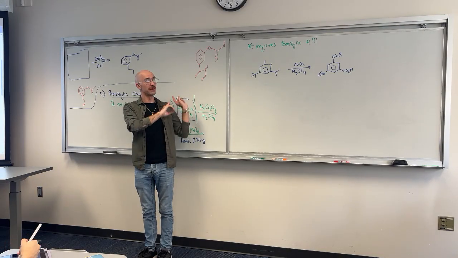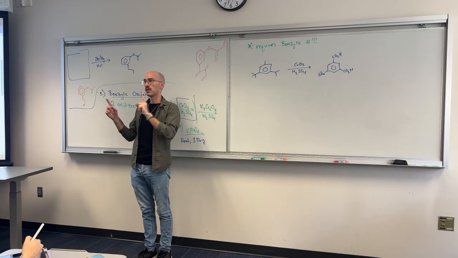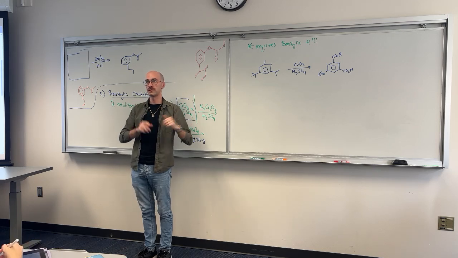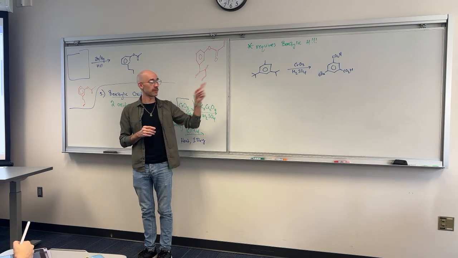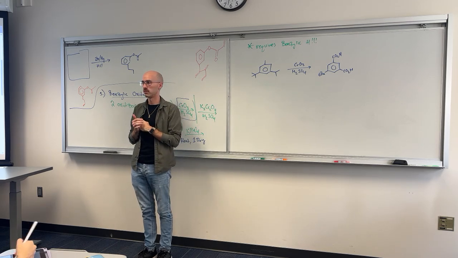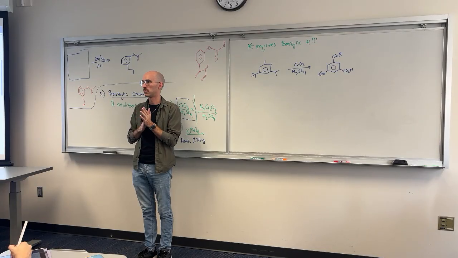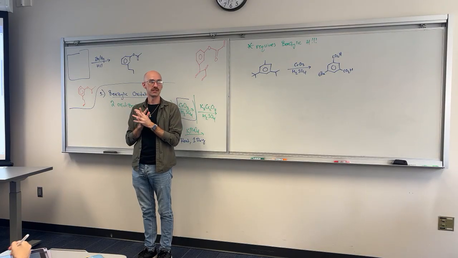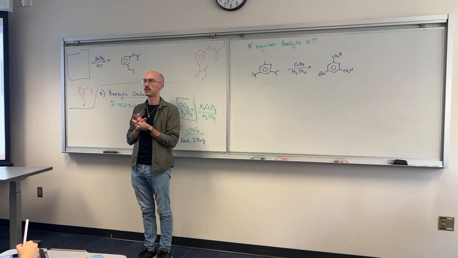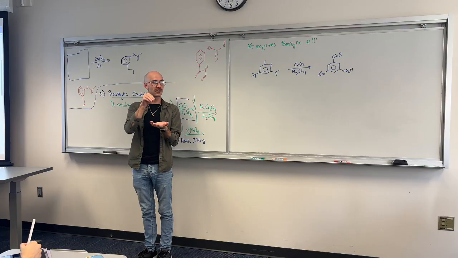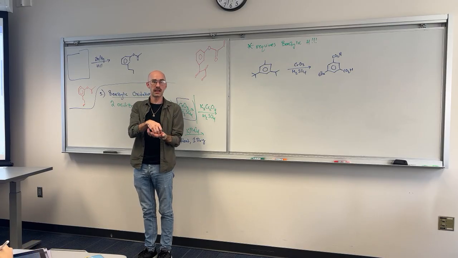So when you hear benzylic oxidation, the product will be benzoic acid. What happened to isopropyl? Oxidized into a benzoic acid. What happened to tert-butyl? No oxidation. The oxidizers need to first react with a benzylic hydrogen.